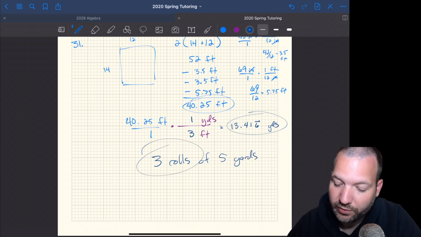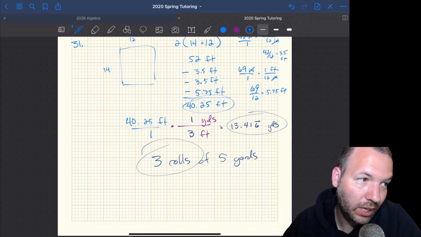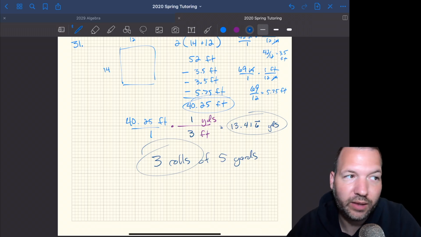Because 3 times 5 is 15, and 15 is more than what we need, but not less. We can have more, we can't have less.